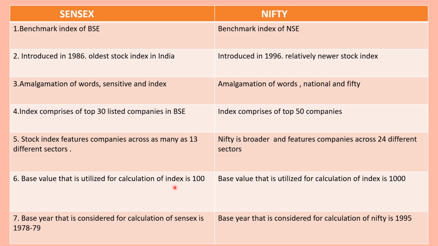In SENSEX the base value that is used for the calculation of the index is taken as 100 and in NIFTY the base value is taken as 1000. Base year considered for calculation of SENSEX is the year 1978-79 and the base year which is used for calculation of NIFTY is 1995. So here we come to the end of the article.